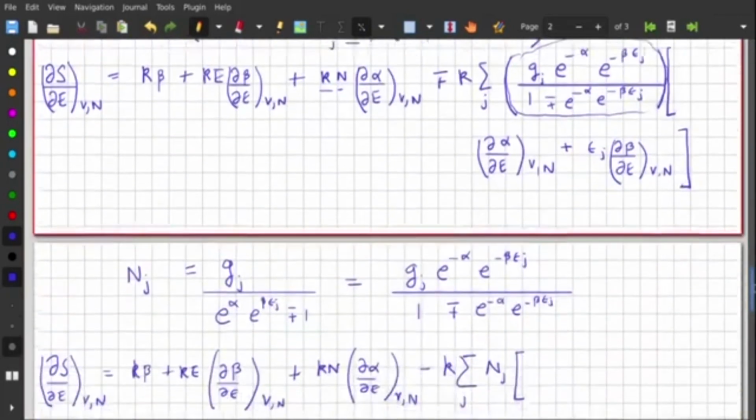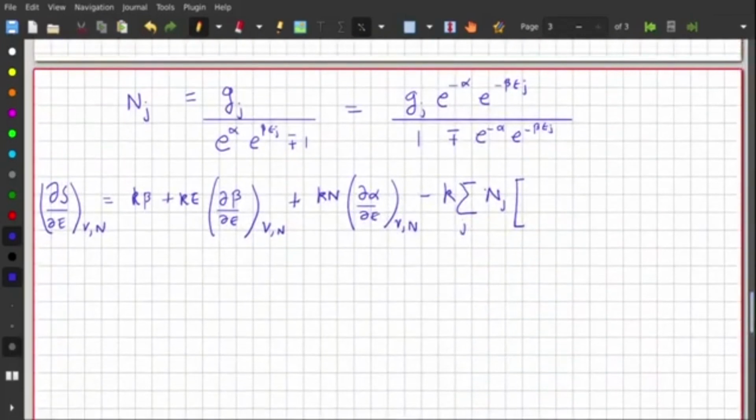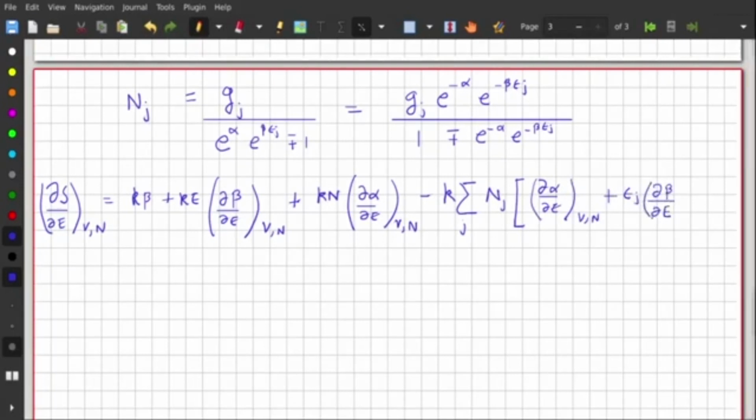So minus k sum over j of Nj, and then we have partial alpha partial e at v comma n plus epsilon j partial beta partial e at v comma n.